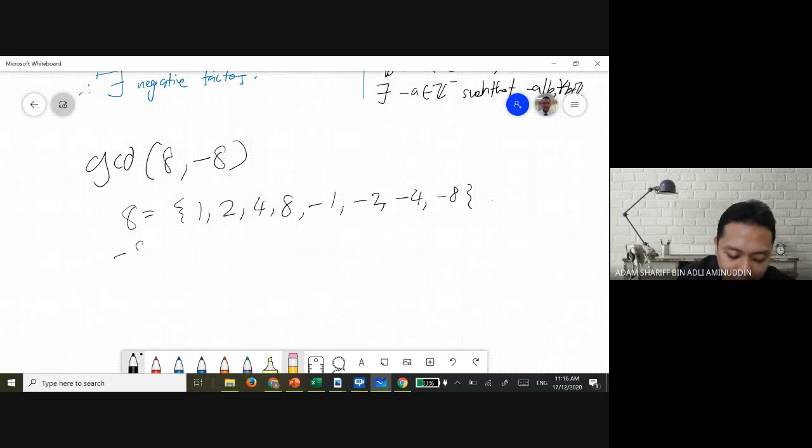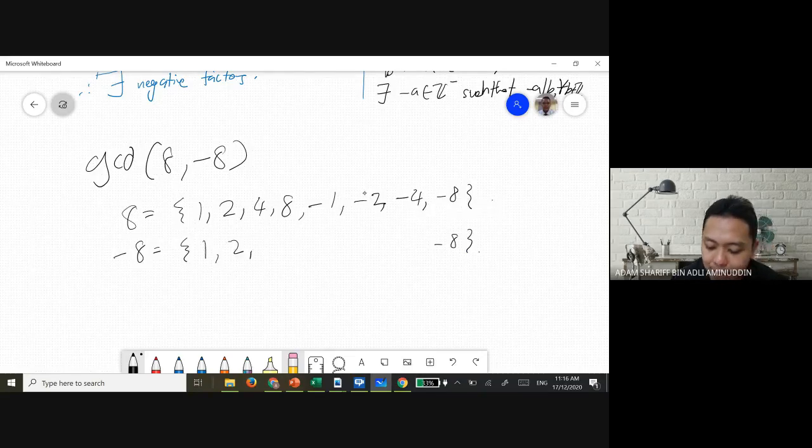And for negative 8, apakah faktor negative 8? Kalau ada 1, dia mesti negatif 8. Kalau 2, mesti negatif 4. Kalau 4 kali apa? Negatif 2. Kalau 8, negatif 1. The factors remain the same.